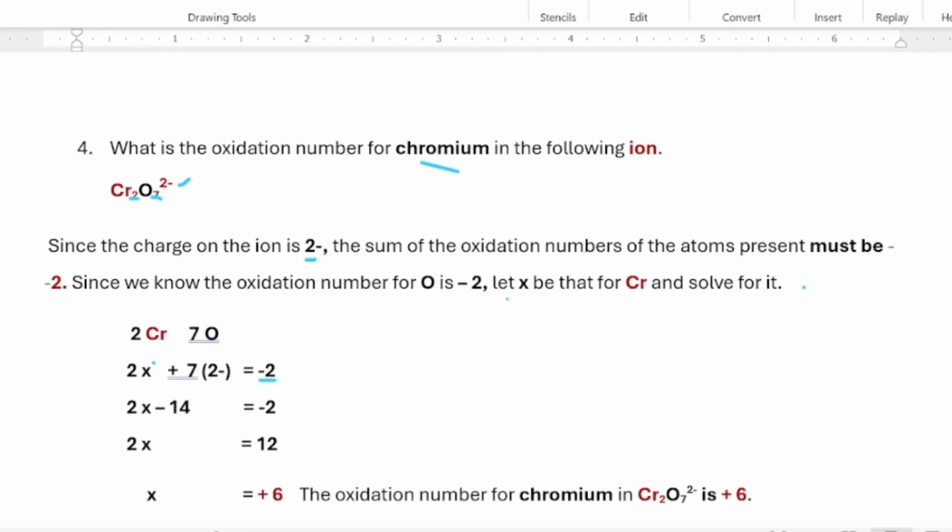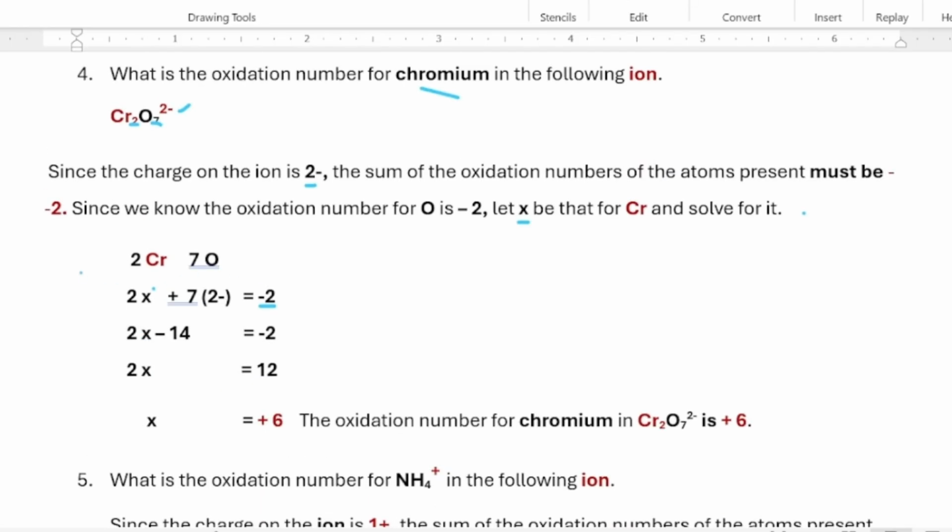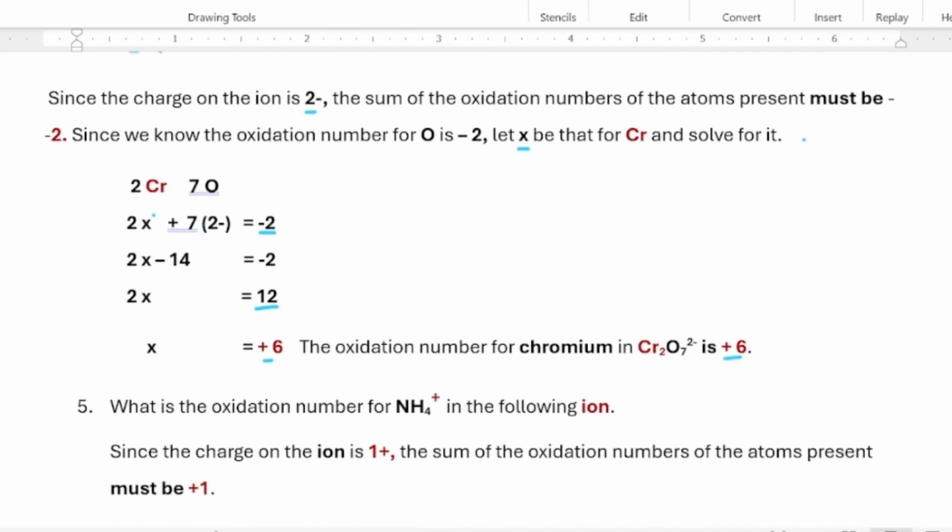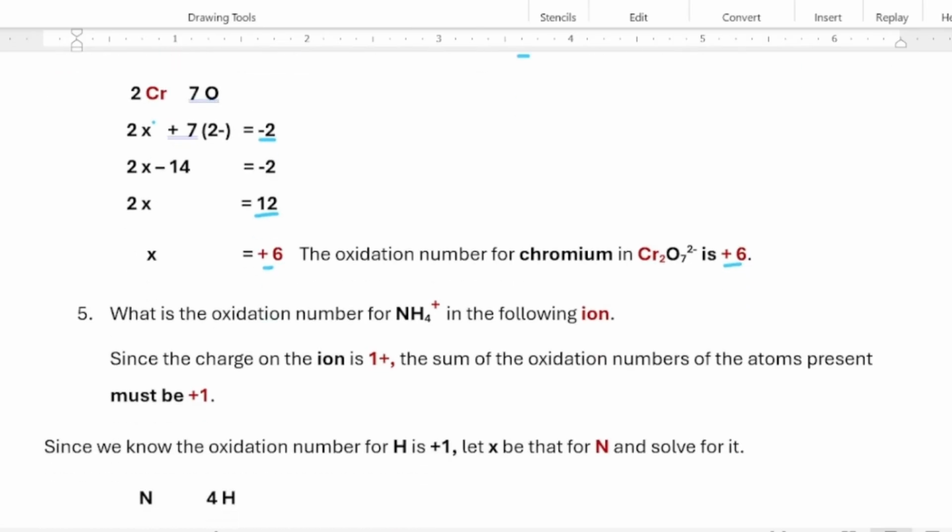Again, we allow X to be that for chromium and solve for it. So we have 2 chromiums, 7 oxygen, 2X minus 14 is equal to negative 2. Bring across that, it becomes positive 14. With that negative 2, we end up with positive 12. So X is equal to positive 6. So the oxidation number for chromium in that dichromate ion there is positive 6.